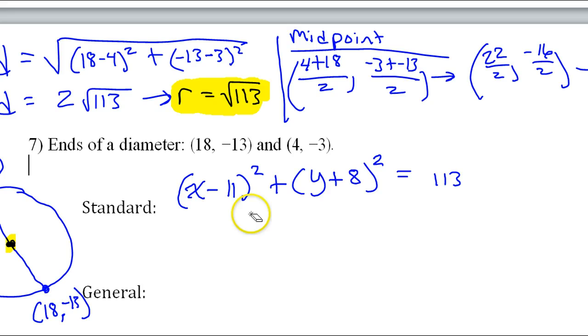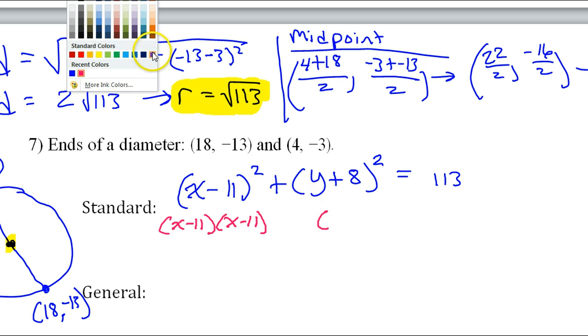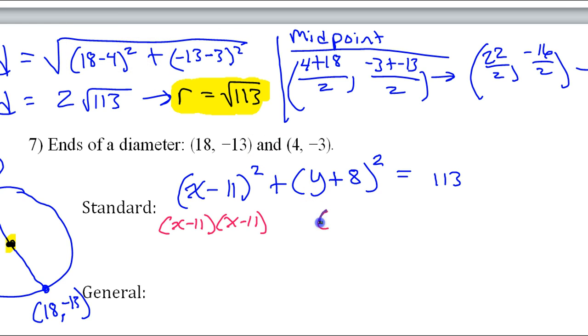Now we just have to convert that over to general form like we did on number 6. So one more time, this x minus 11 squared is x minus 11 twice. This y plus 8 squared is y plus 8 times y plus 8.